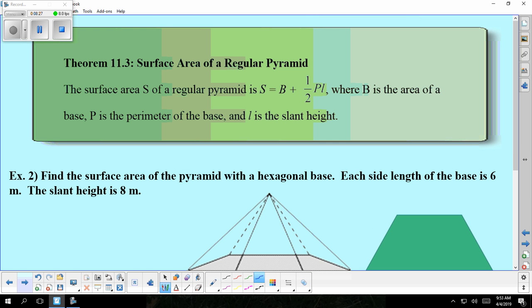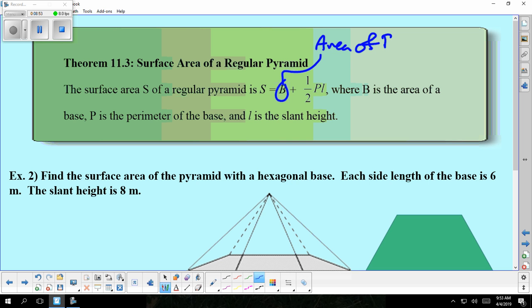So there is a formula for the surface area of a regular pyramid. And it involves the same thing we were talking about with cylinders and prisms. We need to find the area of the base, right? But there's only one base in the pyramid, so that's the area of the base, right?